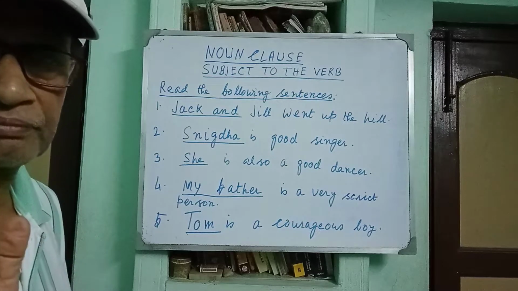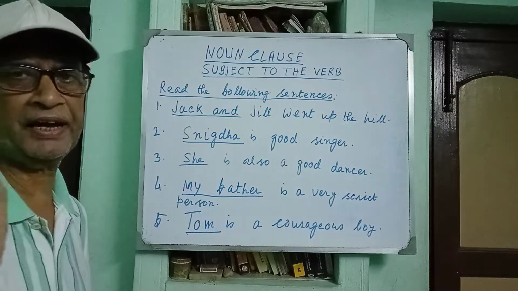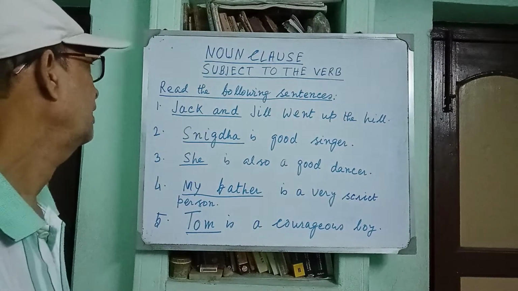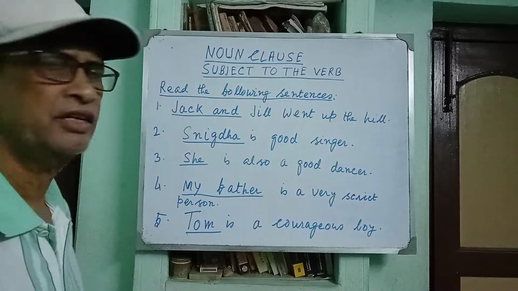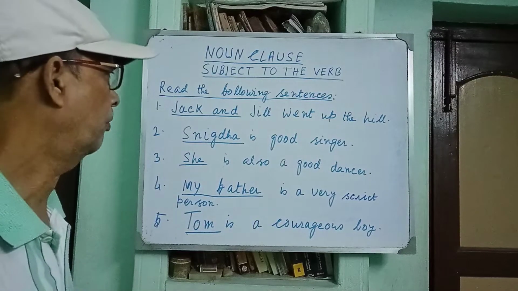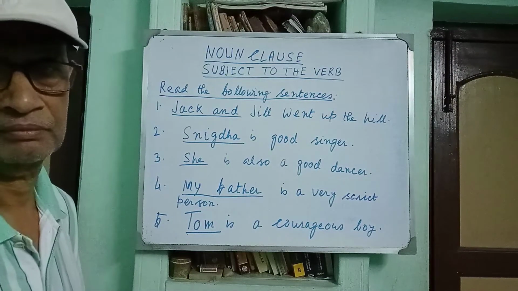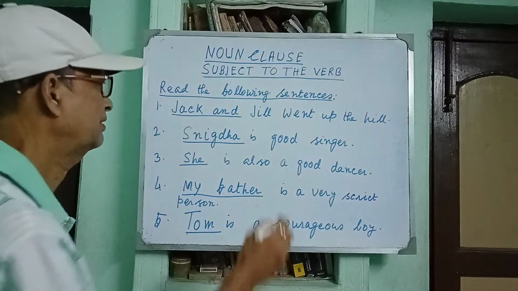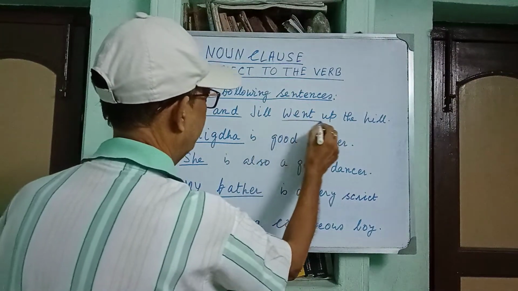I am explaining all these sentences very carefully. My first sentence is Jack and Jill went up the hill. So what is the finite verb or what is the principal verb? That is went up.